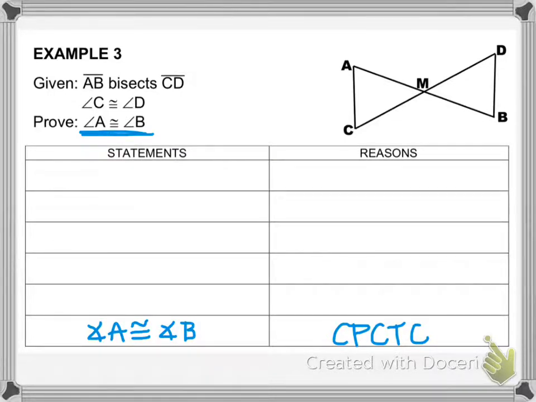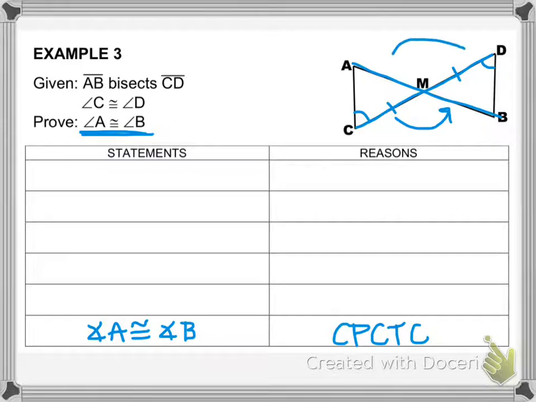We're going to label our givens on our picture. Segment AB, this guy, bisects segment CD. So it's cutting CD in half, which means the two halves of CD are congruent, CM and MD, all right? The other given is that angle C is congruent to angle D. If you kind of look at these, they kind of look like a rotation, right?